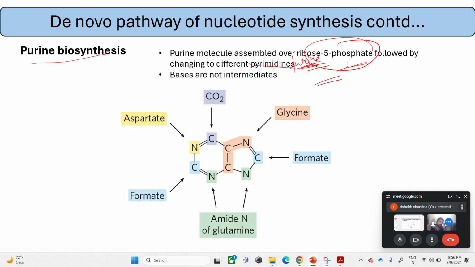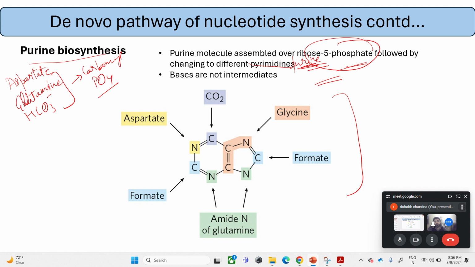Now first we'll see what atom is formed from which amino acid. The basic ring of pyrimidines, as you remember, was formed from aspartate, glutamine, and bicarbonate ion. These two form carbamoyl phosphate. So basically these three help in the formation of the ring of pyrimidines.